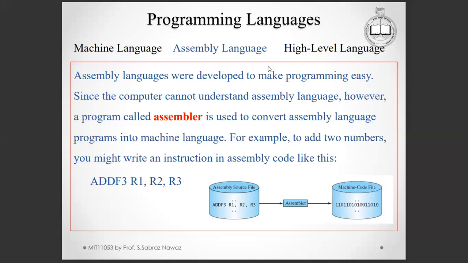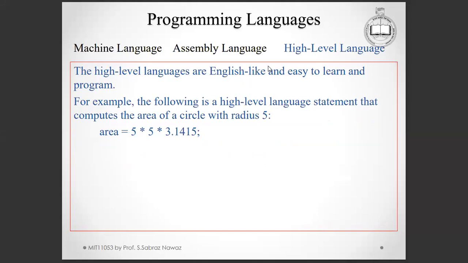So now we will move to the high level language. The high-level languages are English-like and easy to learn and program. For example, the following is a high-level language program that computes the area of a circle with radius 5.